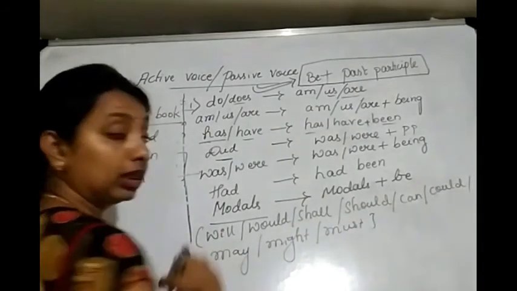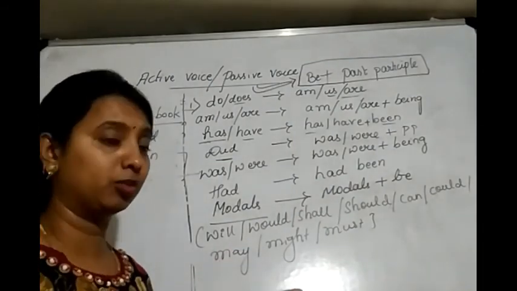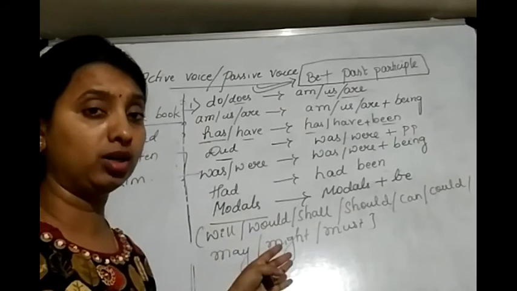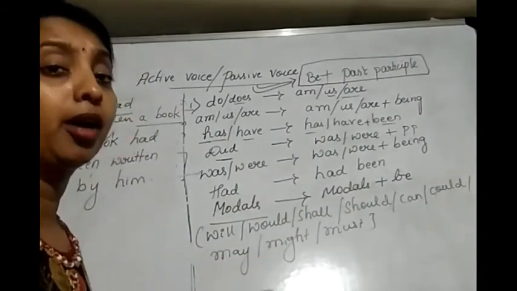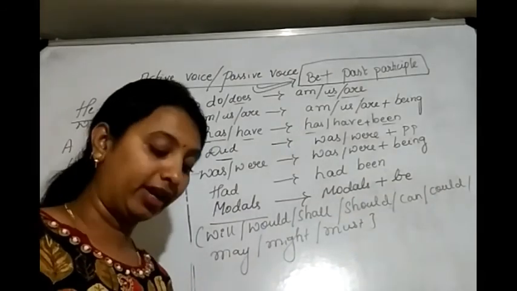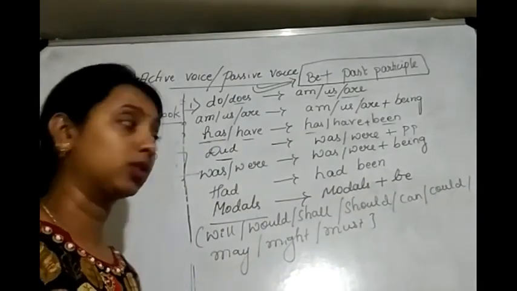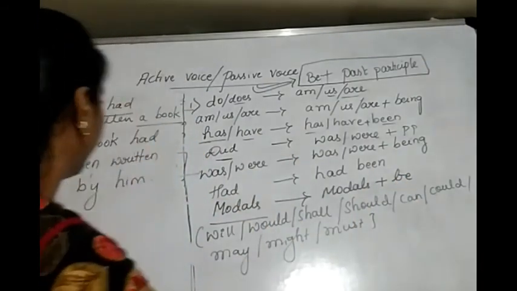So these are modals. Make a note of this one. Which are the modals? Will, would, shall, should, can, could, may, might, must. So these are the modals. Whenever a modal is there in a sentence, we have to add be form to make it a passive sentence. We'll go for another one.